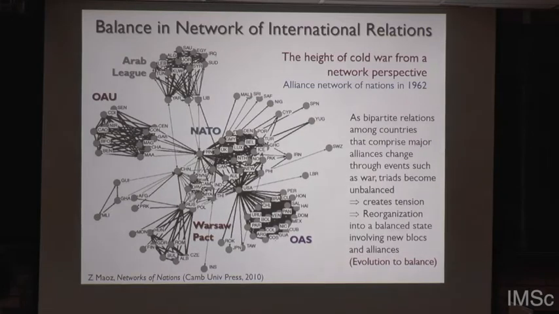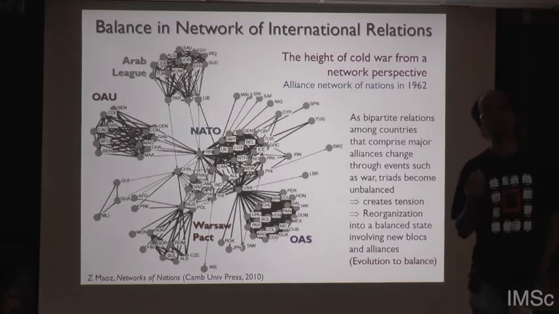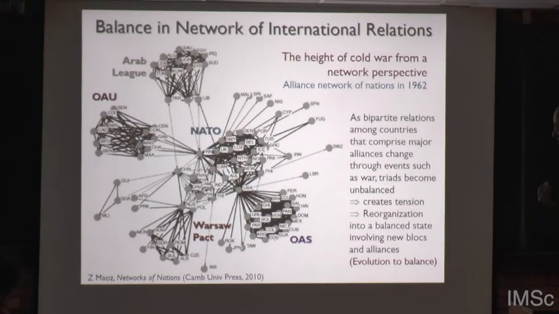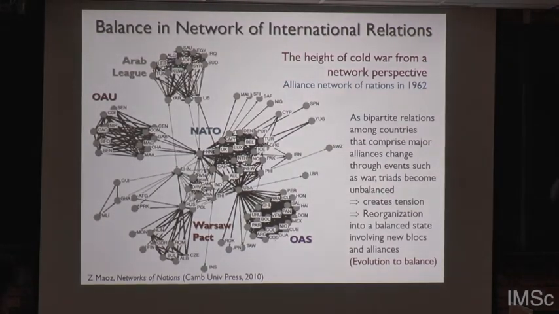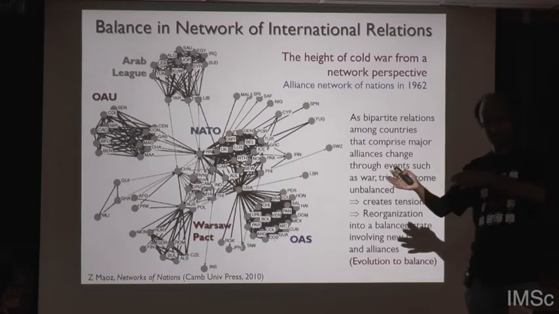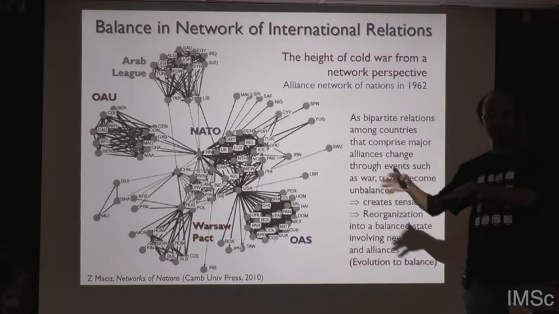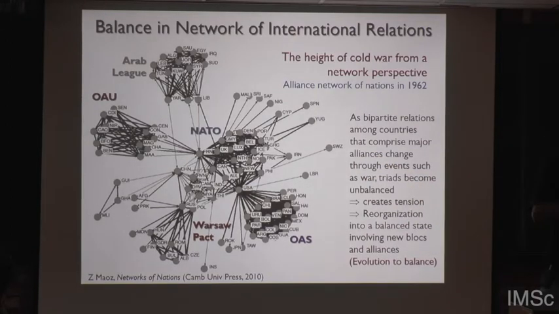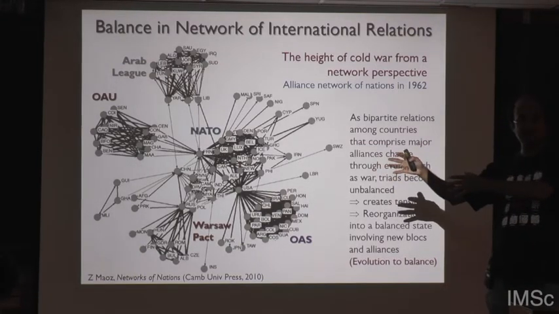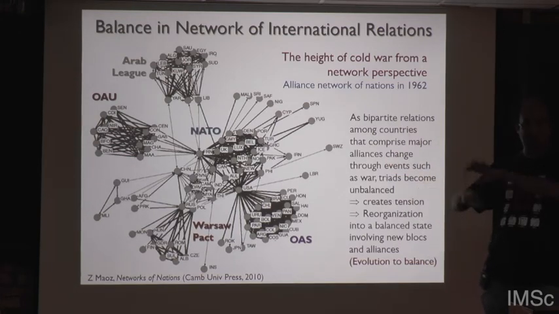There's a bit of work done by Sidney Redner and his collaborators at Boston, where they constructed a similar network of relations among the countries in Europe prior to the outbreak of the First World War, and showed that if you look at how this network of relations between various countries evolved from 1900 to 1914, it started from a network which was balanced to a gradually increasing unbalance, and eventually war happens at the situation where there is maximum unbalance in the network, and after the war the balance is restored.